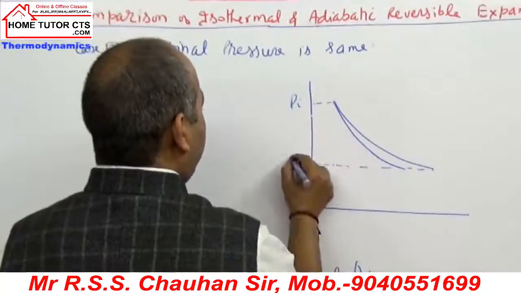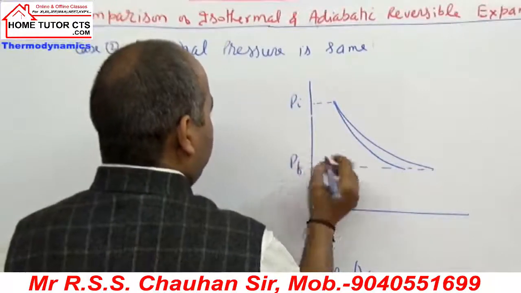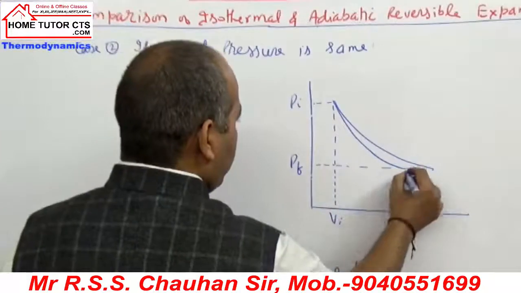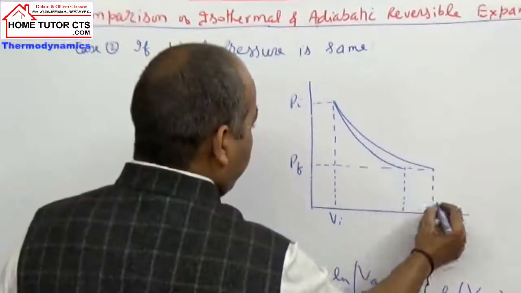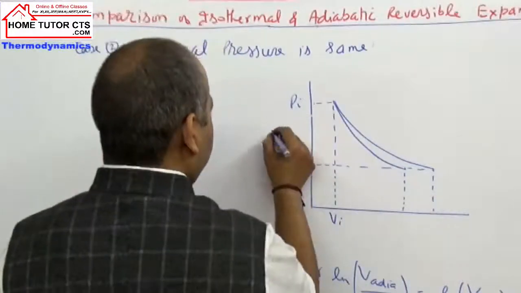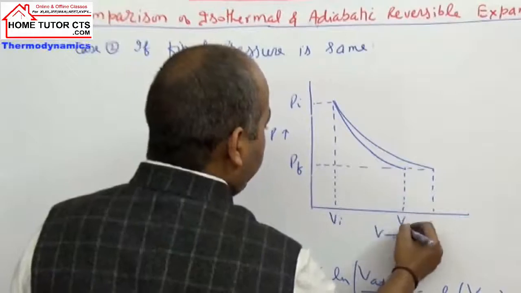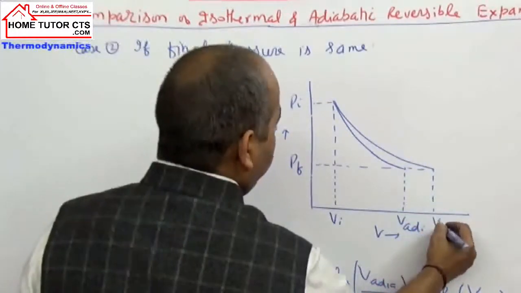It is P initial, P final, V initial, V final, but it is V adiabatic, it is V iso.